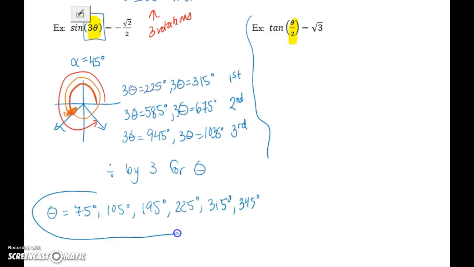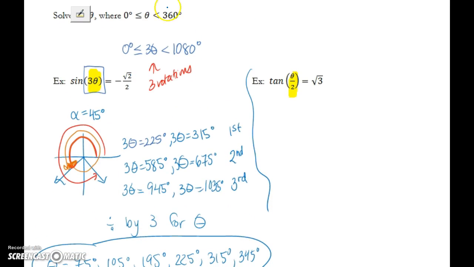So we have 6 solutions for theta. Notice all of those solutions lie between 0 and 360, which was the original criteria for theta.